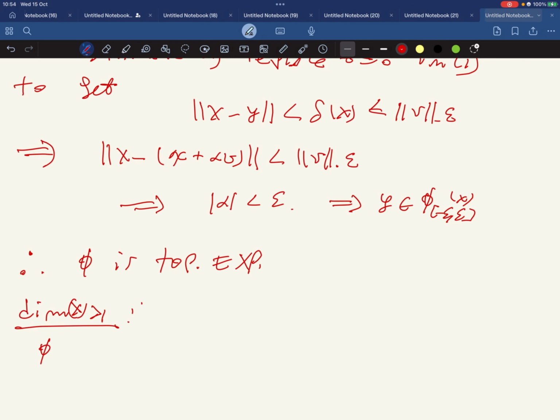The flow phi is a flow by isometries, and therefore not expansive. I think dimension bigger than 1 is not necessary here anyway. Okay. Now, this finishes the proof of the example.